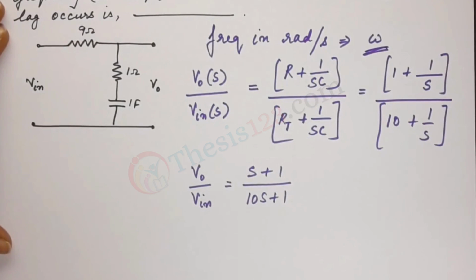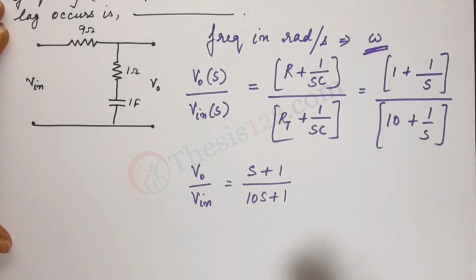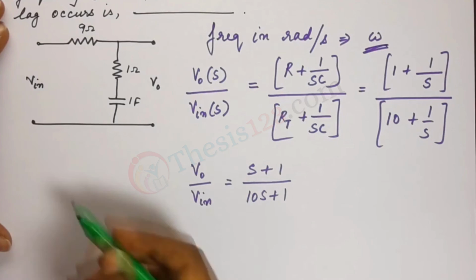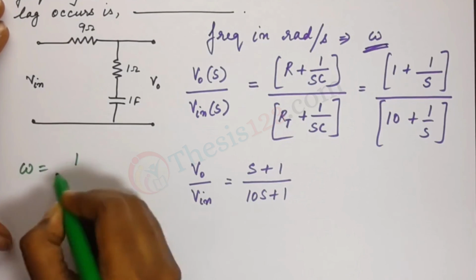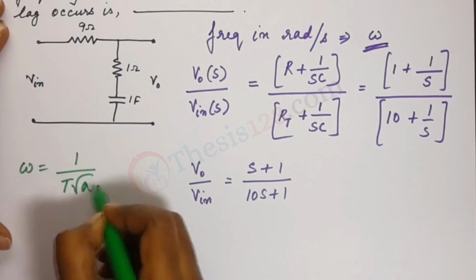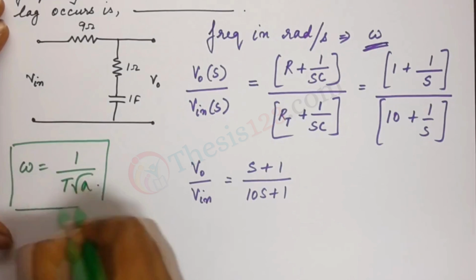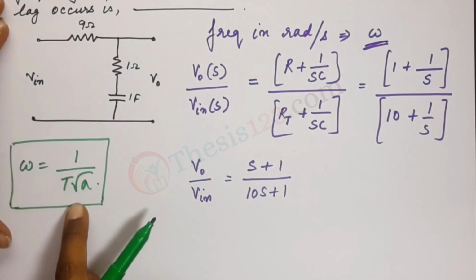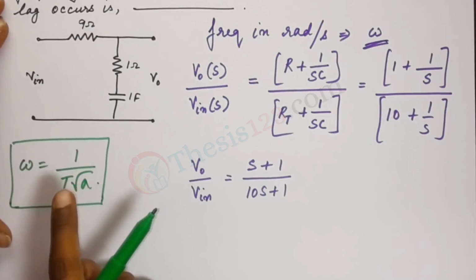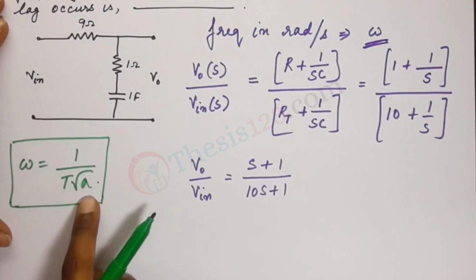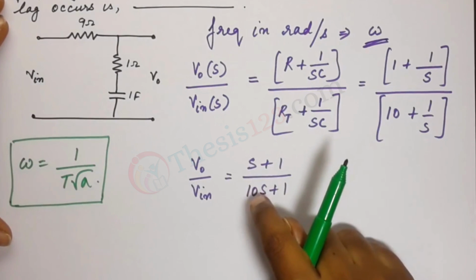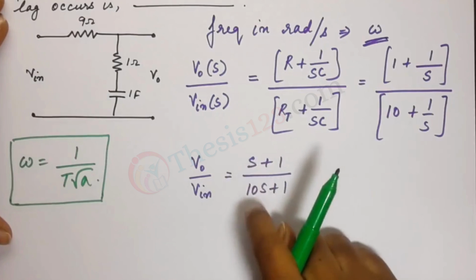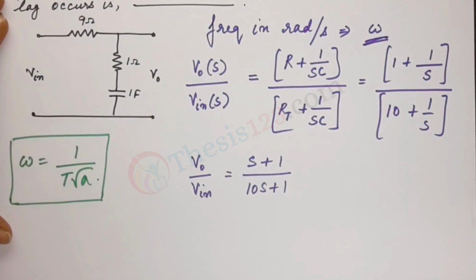Okay, so omega, the frequency, here is a very basic formula, an important formula. Omega is equal to 1 by T root A. It'll do good to remember this. Omega is equal to 1 by T root A. Now, the values of T and A will correspond to the coefficients of S in the ratio of output by input.